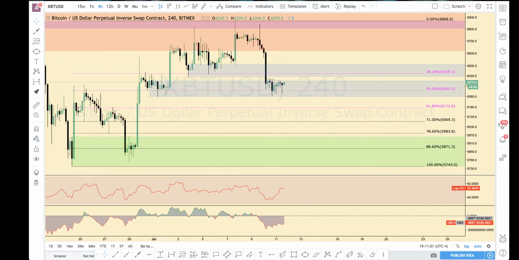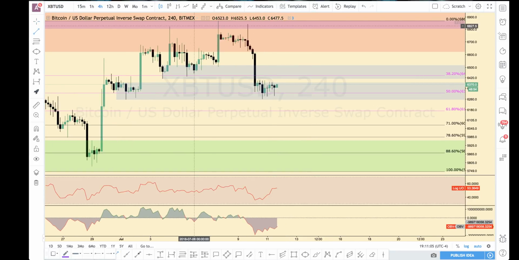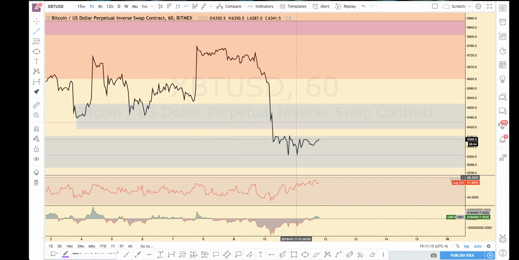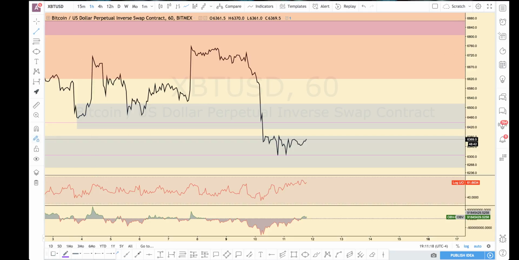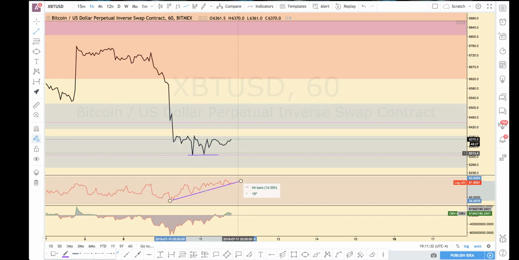I see we're at support, and I see this flat line of the closes of the candle right here, a double bottom, along with the oscillator increasing. That is exaggerated bullish divergence on the 1-hour. So I'm expecting some type of retracement up here.